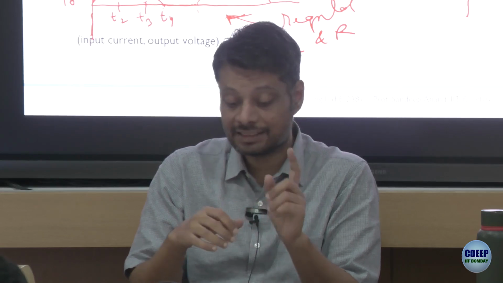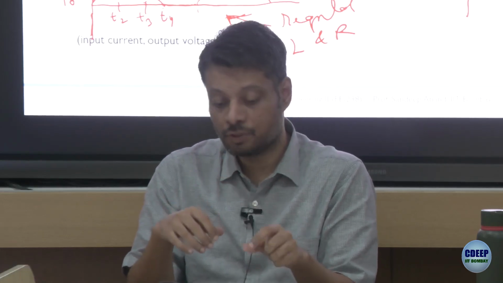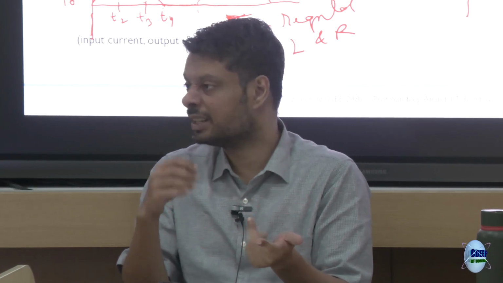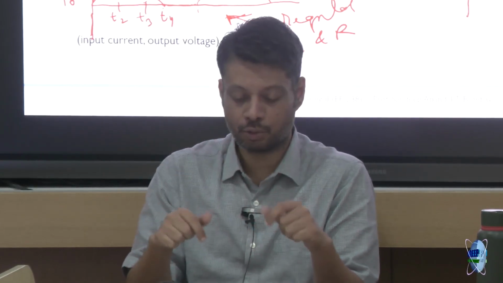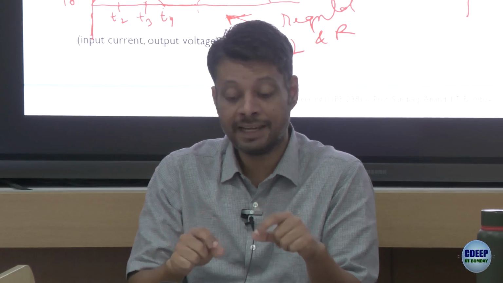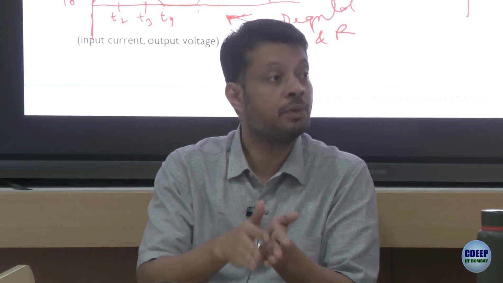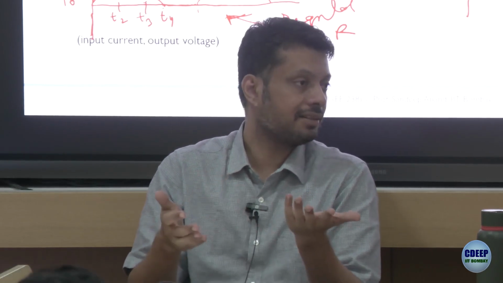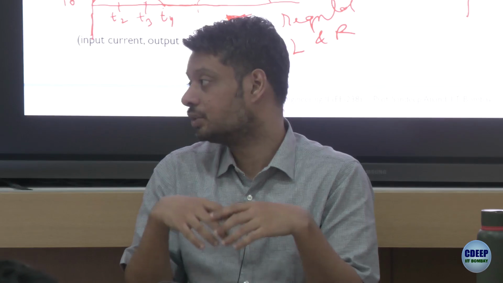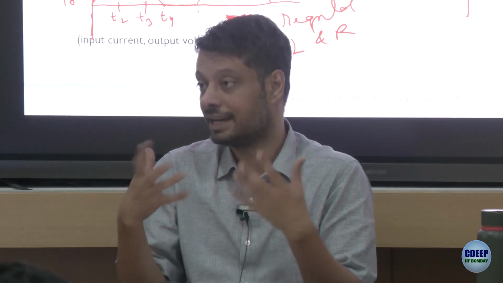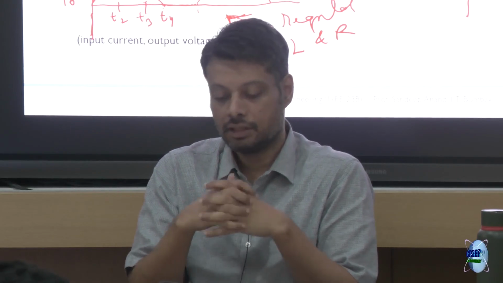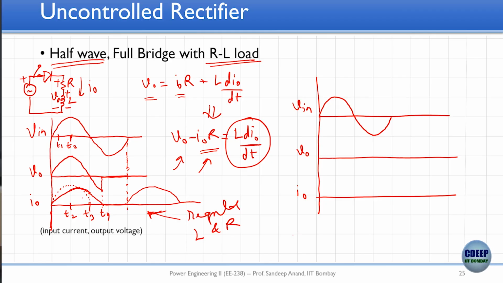But it does not have the same frequency, because if you do the frequency transformation of I0, you can try doing it, and I will also tell you how to do it, you will find 50 hertz plus you will find other frequencies also. So it's a non-linear circuit. If you are exciting with 50 hertz, there is no guarantee you will only get 50 hertz; in fact there is a guarantee that you will get other components as well. Alright.